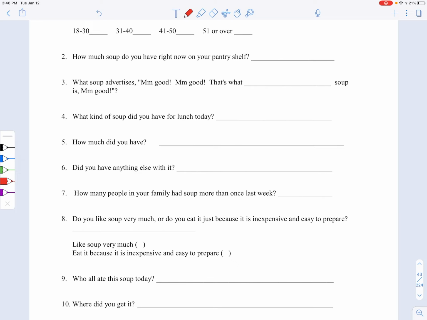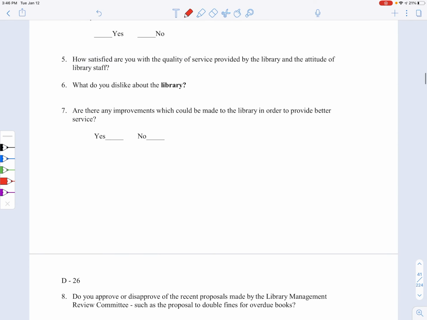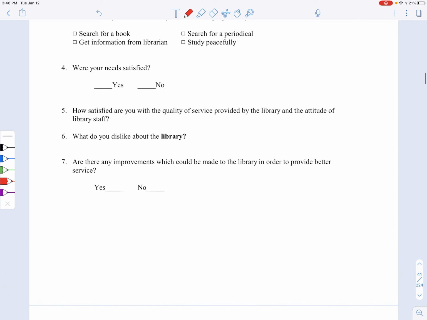All right, number 2 is inapplicable questions, questions that do not apply to everyone. So let's take a look at page 25, number 6, and that is, what do you dislike about the library? Now, that isn't necessarily a bad question, but you want to first ask, is there anything that you dislike about the library?